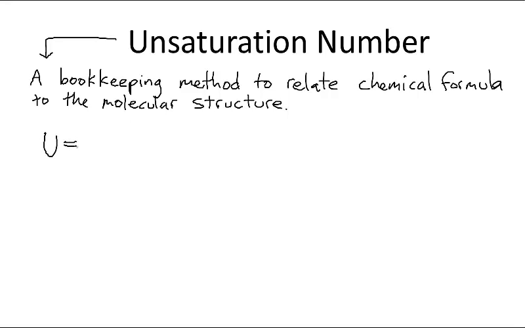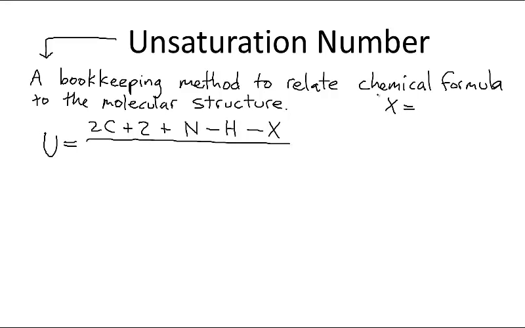But the unsaturation number for a molecule is going to be 2 times the number of carbons, plus 2, plus the number of nitrogens, minus the number of hydrogens, minus the number of X, where X stands for halogen, so fluorine, chlorine, bromine, or iodine.